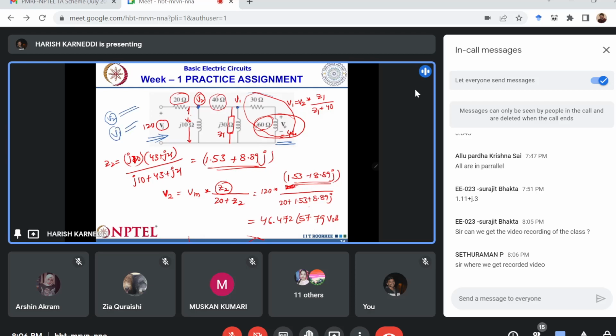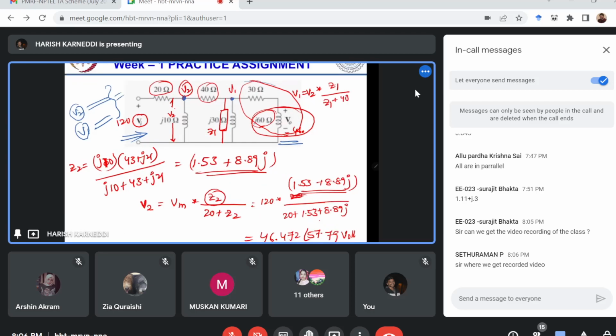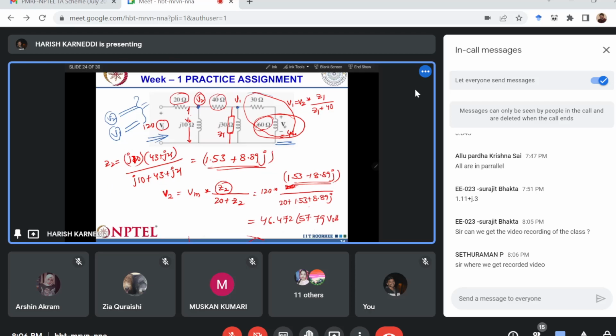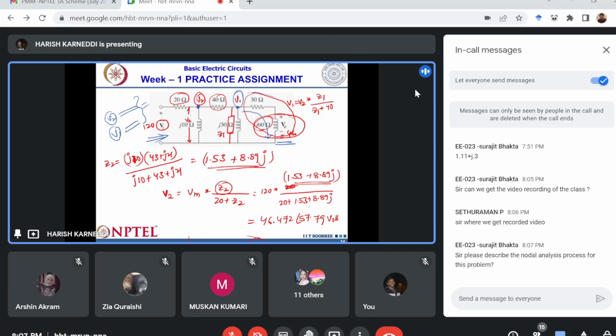By solving these two equations one can find v2 and v1. After getting v1, again you apply the voltage divide rule and you will get v0. The same problem you can solve in a different manner also.